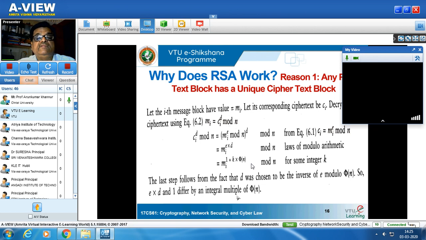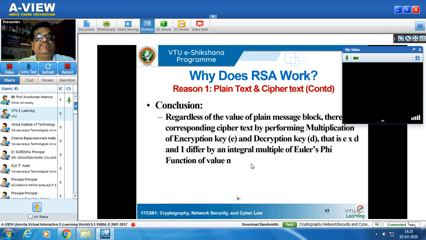So this indicates that regardless of the value of the plain message block, there is a corresponding ciphertext, by multiplying the encryption key E and decryption key D, where E into D and 1 differ by an integral multiple of Euler's phi function of n.